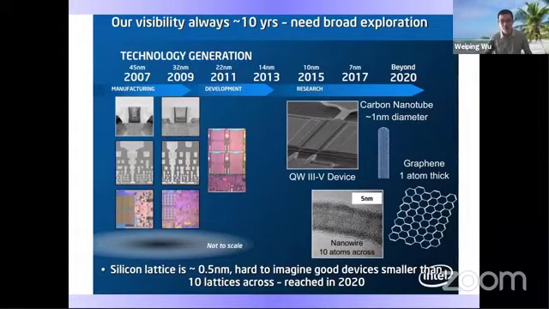There is a famous law called Moore's law, saying that the transistor device will be smaller and smaller, while the density of the device will be much larger. Since 2007, the transistor gate or channel has been scaling down from 15 nanometers to the current dimension of about 10 nanometers or 7 nanometers, which is the state of the art.